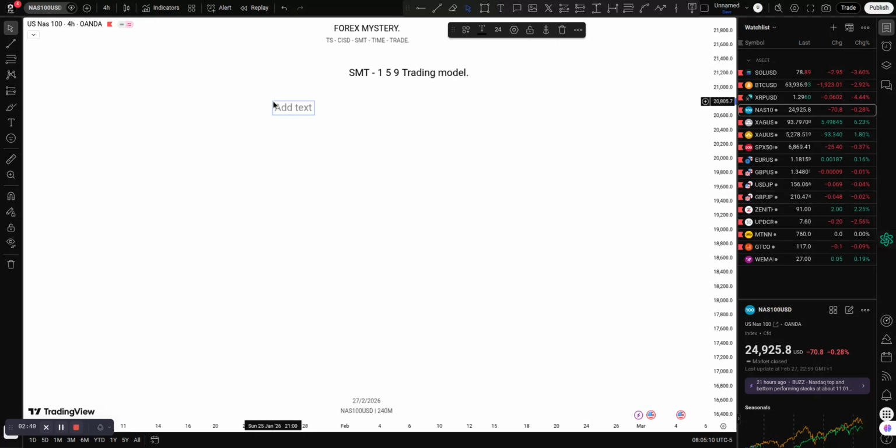weekly time frame. So your higher time frame bias. What I mean by bias is, are we bullish or are we bearish? Your higher time frame bias should tell you if you are bullish or bearish, and this is linked up with the weekly time frame.